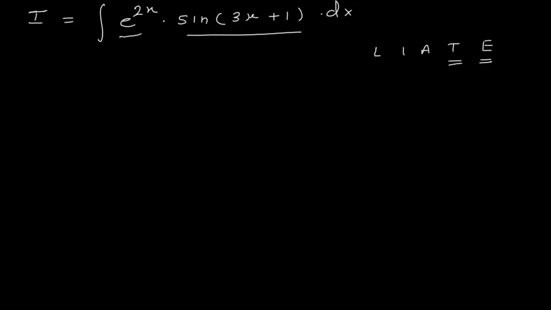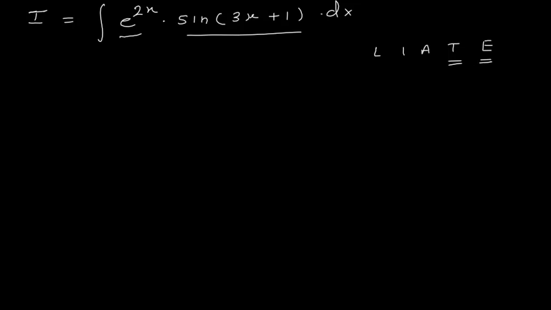Now to decide u and v, we generally use that function as u whose derivatives are simplifying, and after some derivations they become an algebraic function or some constant number. Now in this case neither e power 2x nor sin 3x plus 1 is going to convert into a constant. So let us see how we solve this problem.